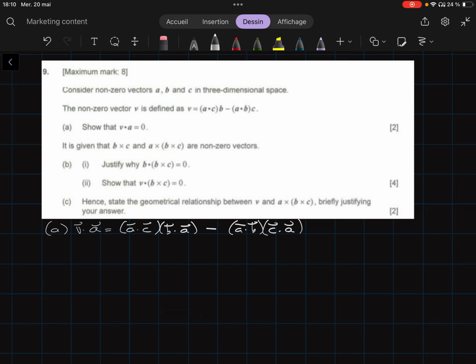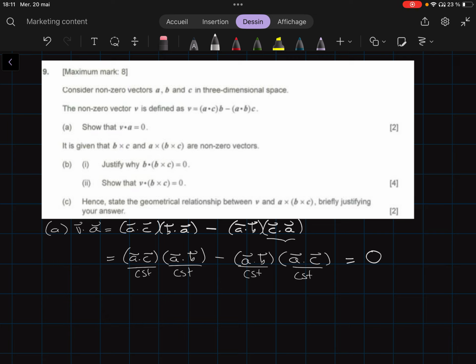So I'm going to move the A first, make it over here. And I'm going to swap the order of these two. These two are identical, so we get 0. This is a constant, this is a constant, this is a constant, this is a constant. We're good to go.